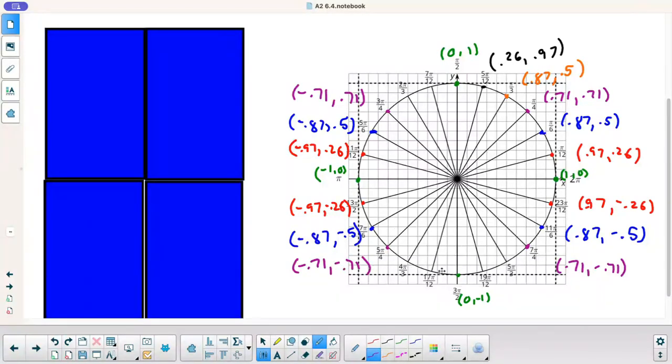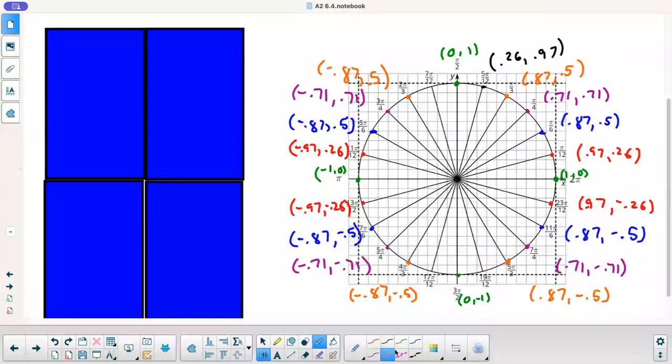Okay. Go to the orange one right here. 0.87, negative 0.5. Change the sign of the x. So this is going to be negative 0.87, still positive 0.5. And then down here, they're both going to be negative.